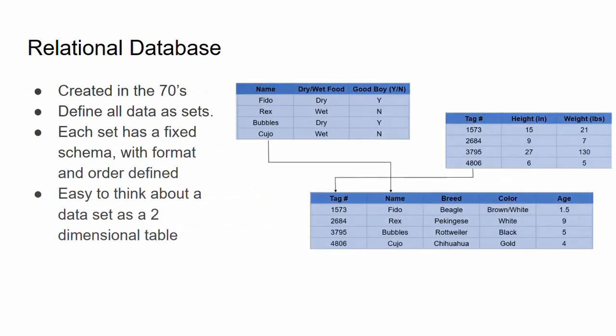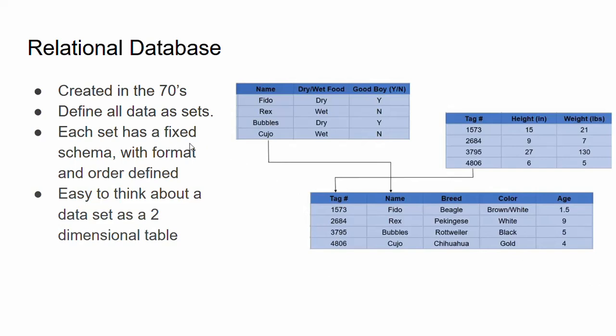That's when we have the so-called famous relational database, the relational data model. It was created in the 70s. You can define all data as sets. Here, the word set is in the mathematical sense: each element or instance in the set has the same fixed schema.